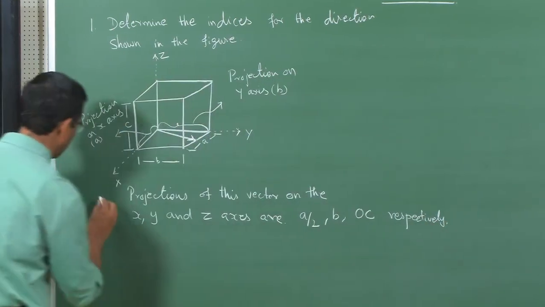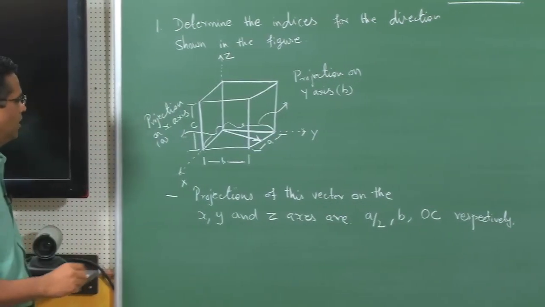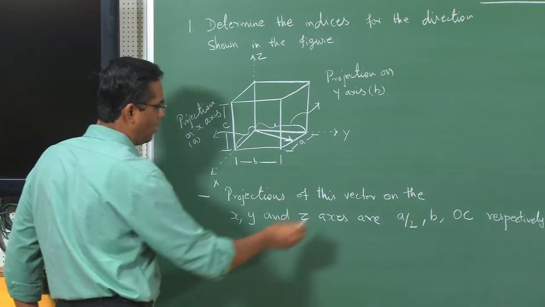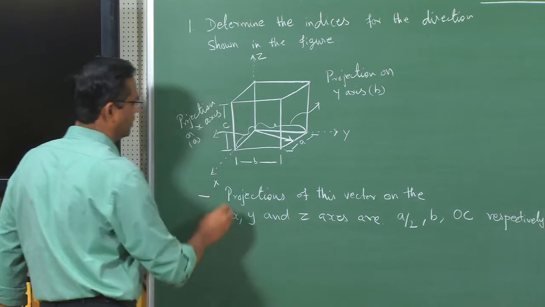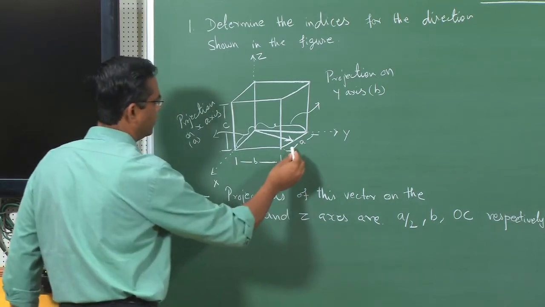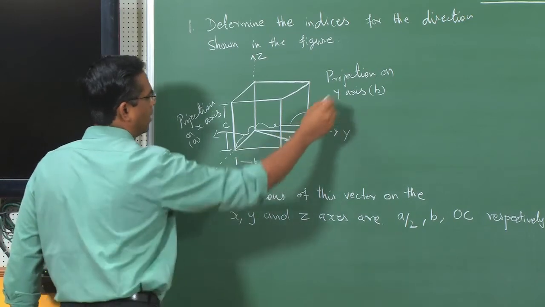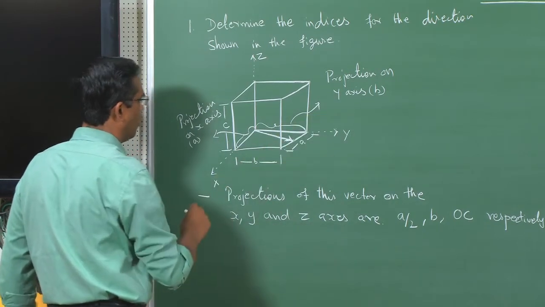The first step is to look at the projection of this vector on the x, y and z axis. If you see, this is the projection on x, that is what I have here, projection on y and so on.